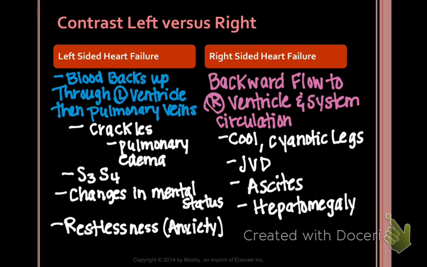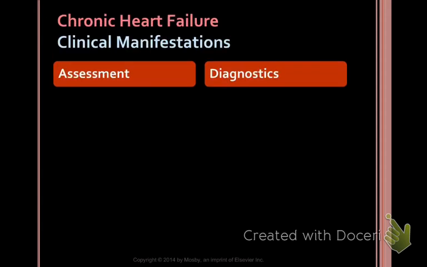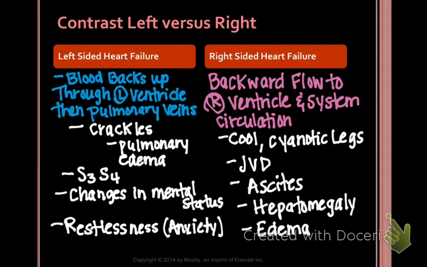So with right-sided, you've got your whole systemic circulation. You're going to see edema. So that is your right and left-sided. Just a little synopsis of the difference.